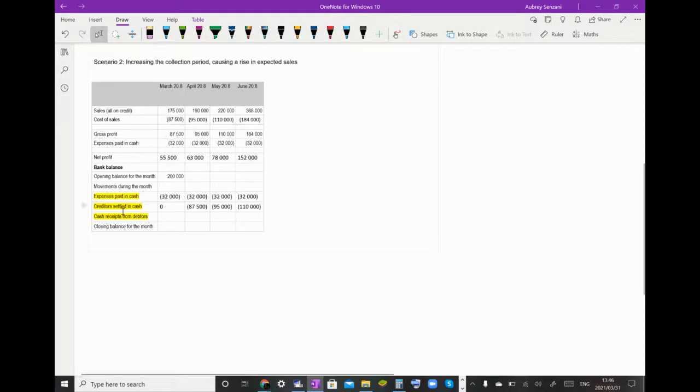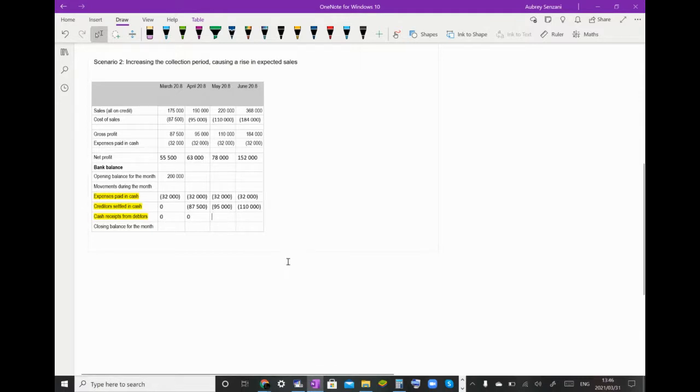So we finished with our creditor settlement in cash. Remember, it's 30 days for settling our creditors, in other words, the next month, 110. Now we need to do the debtors. The first month we're not receiving anything. The second month, again, we're not receiving anything because it's 60 days.